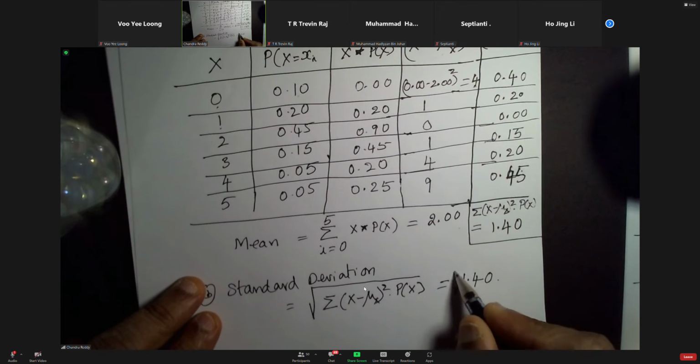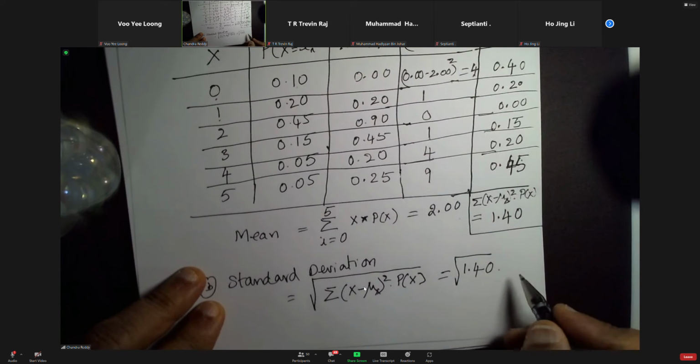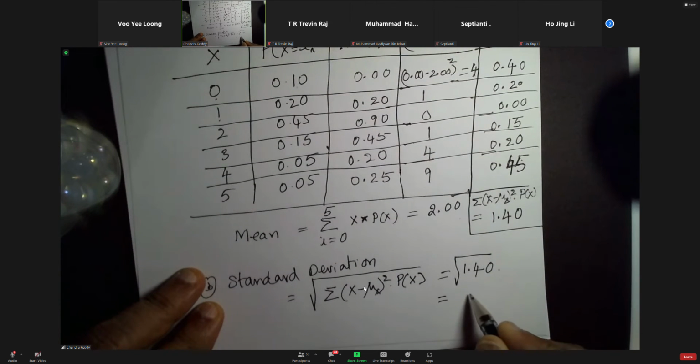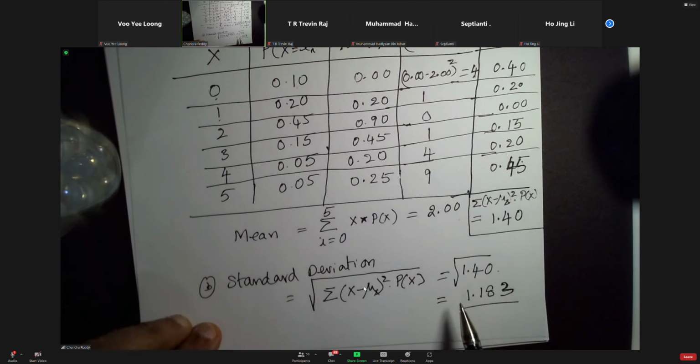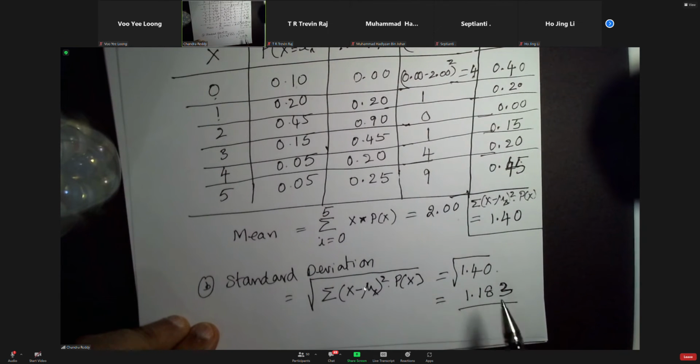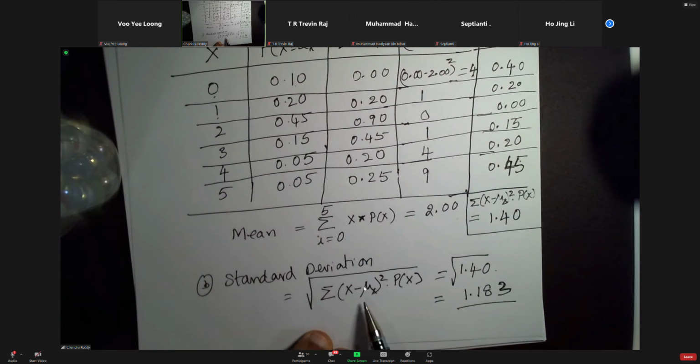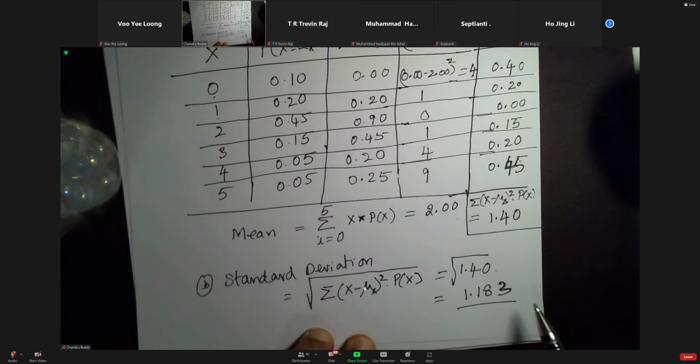Yep, so you have to square root this. How much do you get? 1.183. So for the standard deviation, please make a correction. Thank you, Shamin, for pointing this out. We have to take the square root of 1.40, so that gives you 1.183.